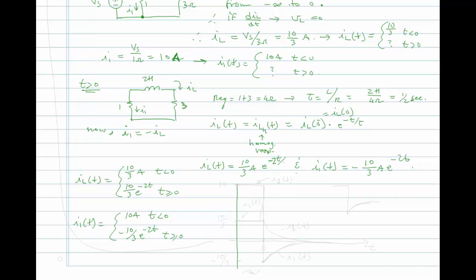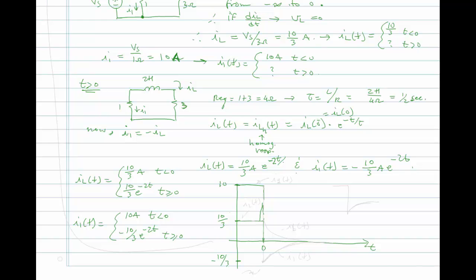Let's see here. Okay. So if this was 10 amps up here, then this might be 10/3 of an amp, and this might be minus 10/3 of an amp. Okay, so the inductor current starts out at 10/3, and up until time 0, it's going to be, I did that wrong.